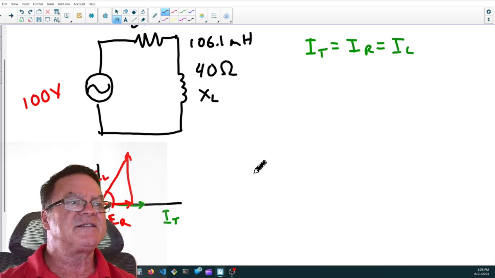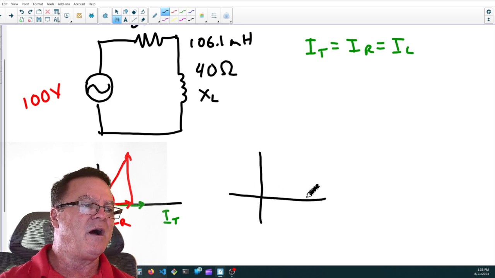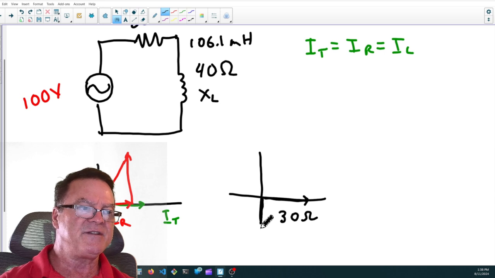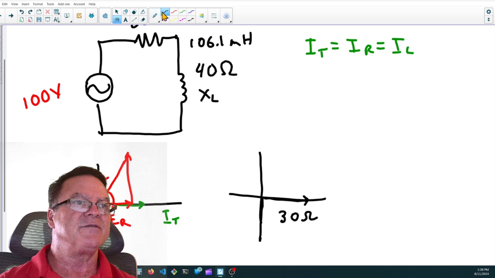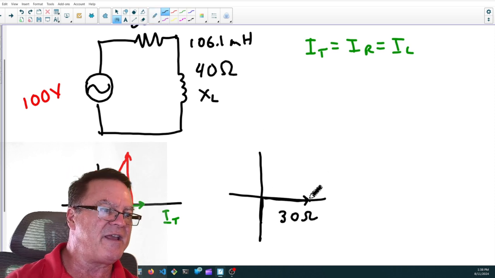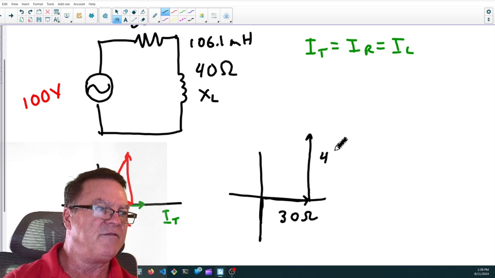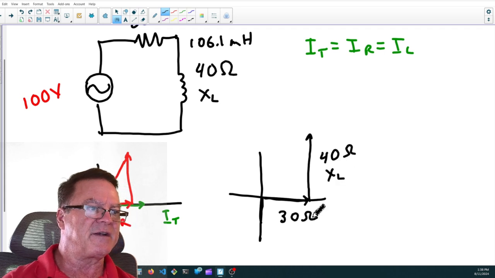And it's the same with the impedance triangle. We can say that we have 30 ohms of resistance, and again, resistance is always in phase, so it's drawn on the x-axis, and the inductive reactance is drawn on the y-axis. I'm going to start at the end of the resistance vector, and I'm going to draw my 40 ohms of inductive reactance.